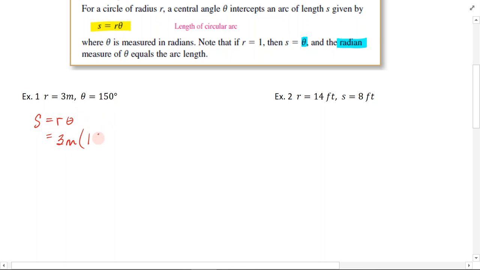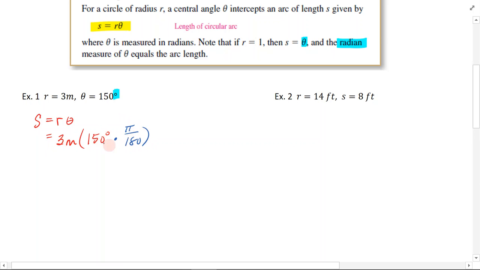Theta is 150 degrees, but don't forget that because we're in degrees here, we now have to convert my 150 degrees into radian measure, which I can do simultaneously within this problem by multiplying 150 degrees times pi over 180. That's the conversion factor to take this from degrees into radians.